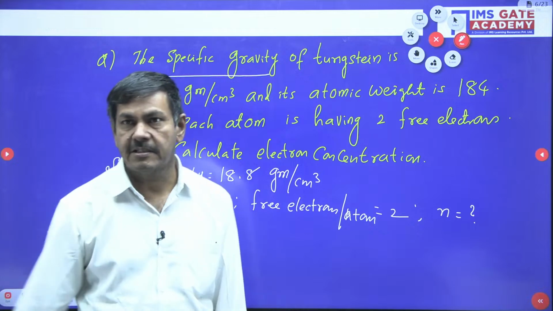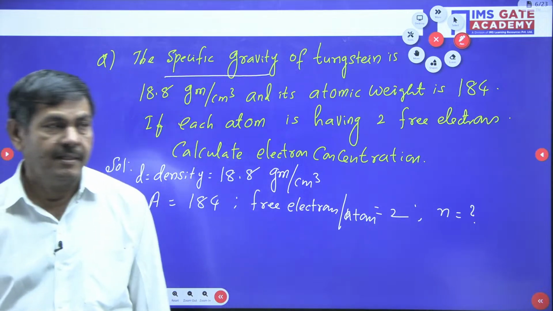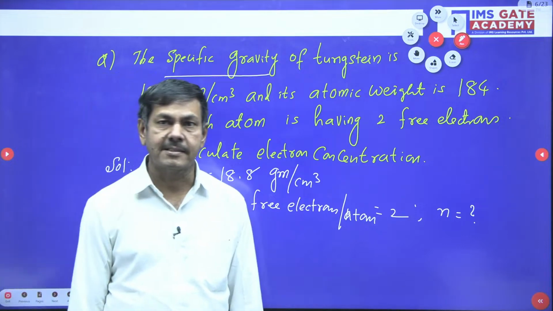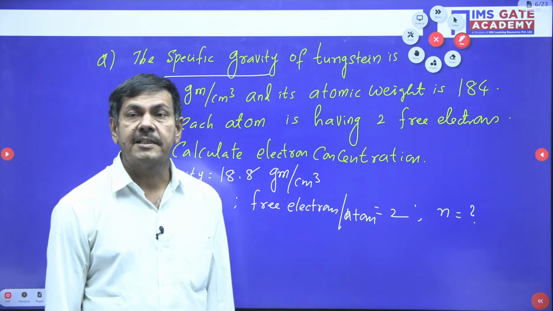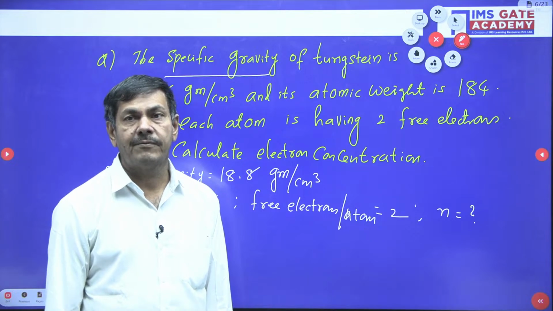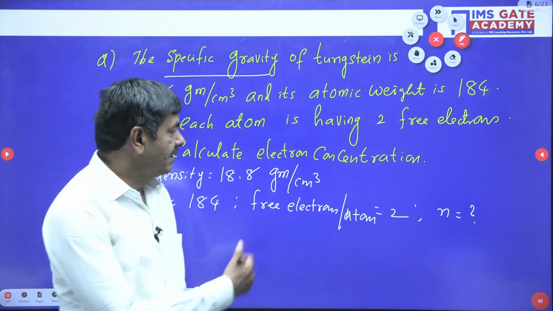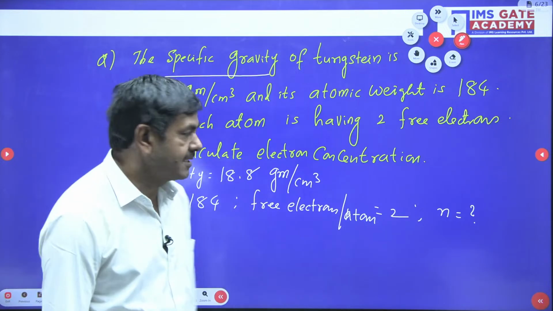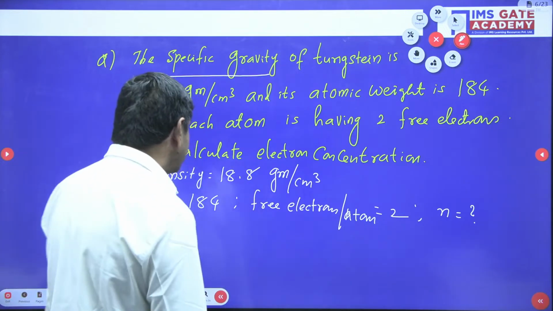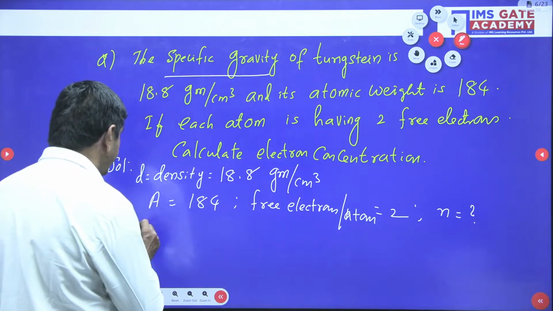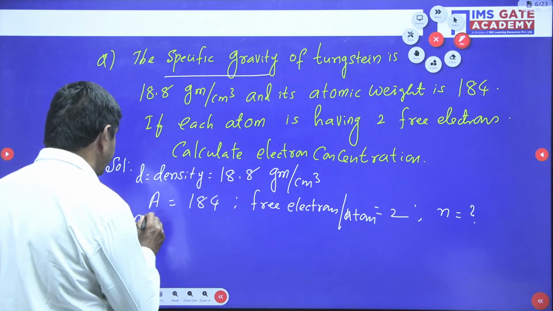I gave one formula in the last class: the atomic concentration into the number of free electrons per atom gives the concentration here. That's why here, initially, what we need is the atomic concentration. We can find the atomic concentration at first.